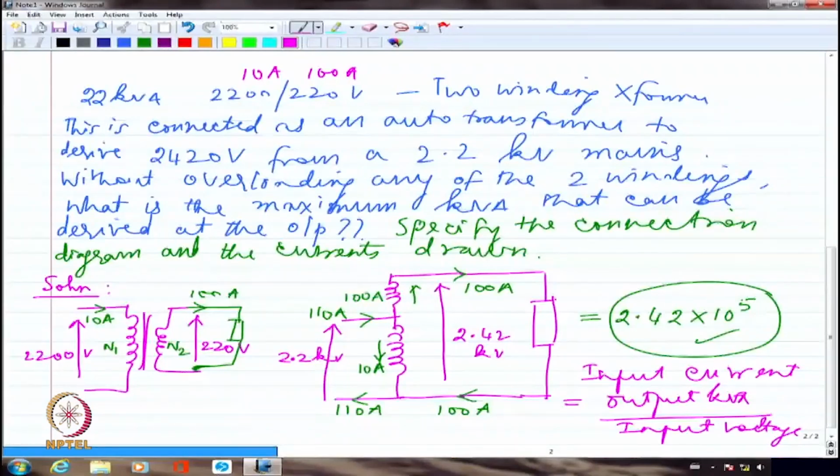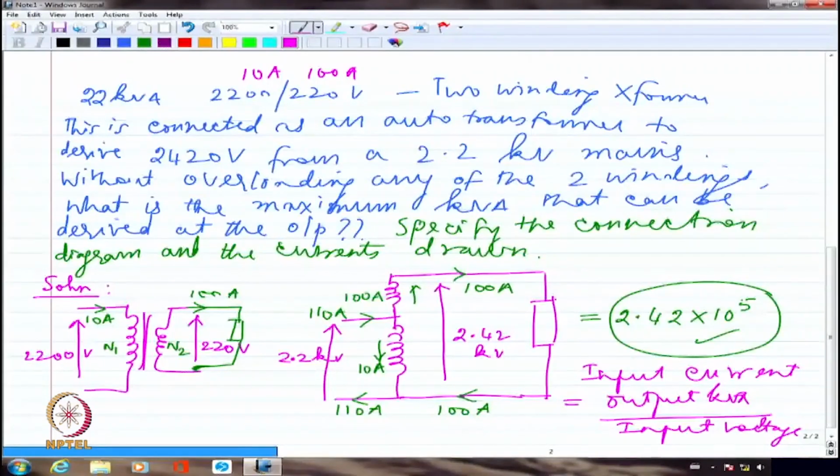So individually, if you look at the input and output windings, both of them are handling only 22 kVA each. So we are not overloading them. Only thing is, suddenly how come you are having so much of increase in the kVA? That is because they are conductively connected together.